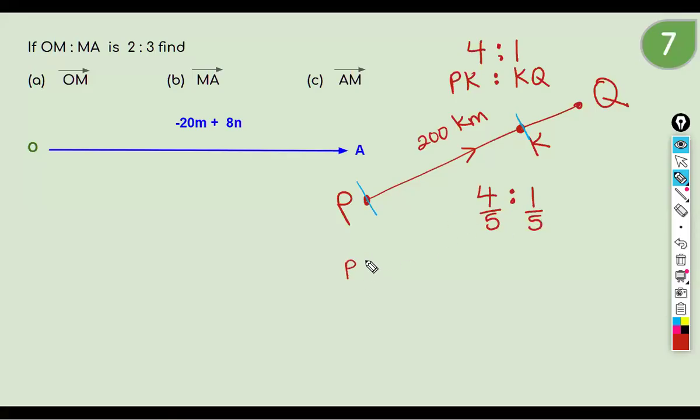So to find PK, all we have to do is take the 200. Well, I like to put the fraction first. All you have to do is find 4/5 of the 200. And when you find 4/5 of 200, you will get 160. And to find KQ, it's only 1/5 of the line.